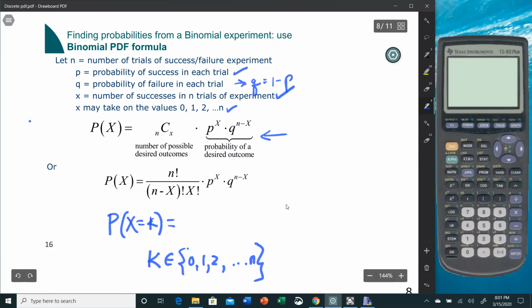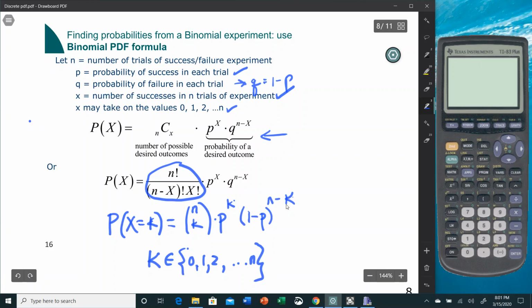So the probability X is equal to k is going to be this coefficient, and that coefficient is just n choose k, the number of ways of selecting k items from n, times the probability of success, which occurs k times, and then the probability of failure, which is 1 minus p, which occurs n minus k times.